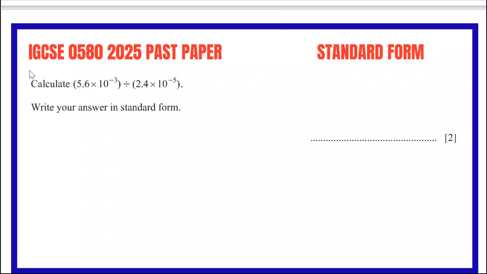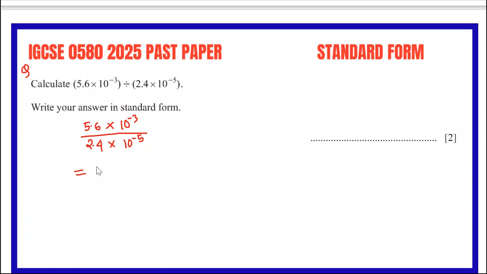Let's try the next question. Calculate 5.6 times 10 power of minus 3 divided by 2.4 times 10 power of minus 5. First we divide the coefficients, the numbers before the power of 10. 5.6 divided by 2.4 is 56 over 24.